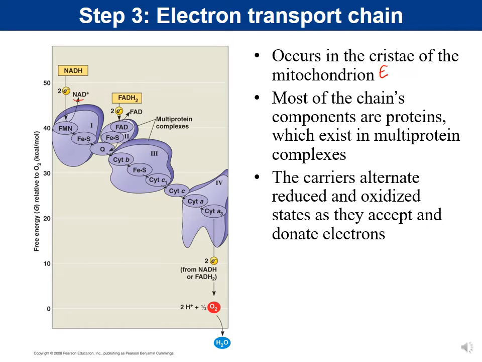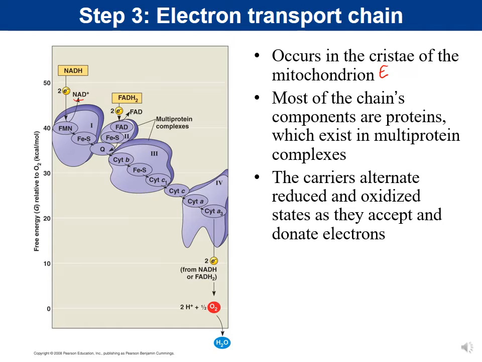Now, why do electrons even move down the chain? What is the force that is pulling them down the chain? Well, remember in lecture when we talked about, in the chemistry part of our lecture, we talked about electronegativity. And electronegativity is the affinity of atoms for electrons, meaning how much do they want those electrons. So if something has a higher electronegativity, it means that they have a greater affinity for electrons.